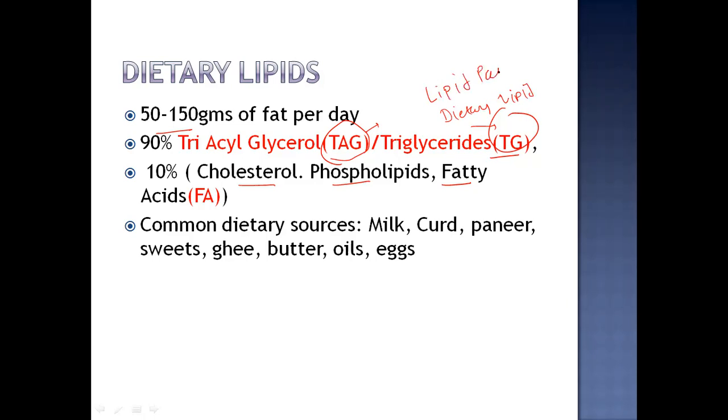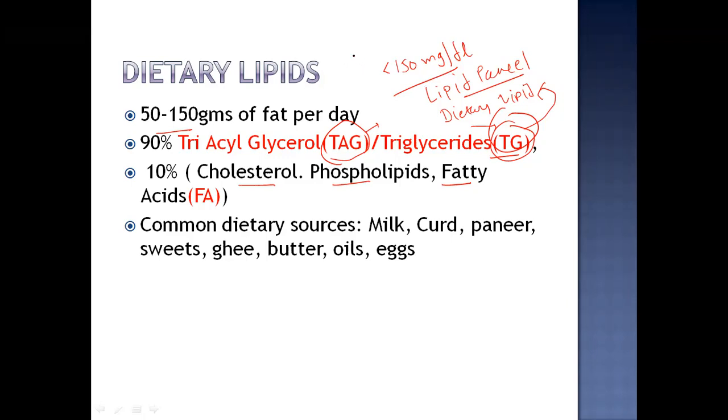So suppose if you give any sample for lipid panel, in that several other parameters are included, such as the TG, LDL, HDL, total cholesterol, etc. Out of this, triglyceride level represents how much lipid or fat you are taking in the form of diet, and its level should be less than 150 milligrams per deciliter.